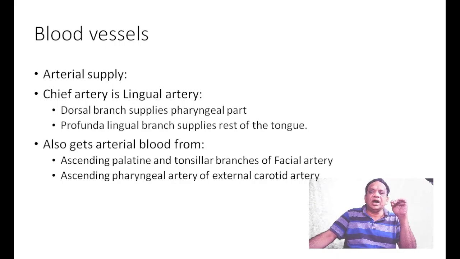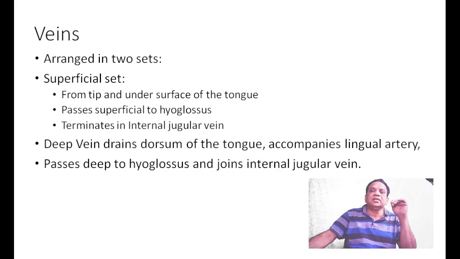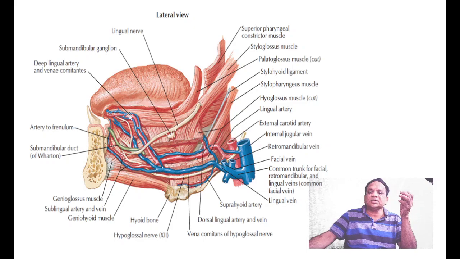So these are the arteries, and comes the vein. The veins are arranged into two sets again: superficial set and deep set. The superficial set directly drains into the internal jugular vein, and the deep branches may join this vein or they directly drain into the internal jugular vein.